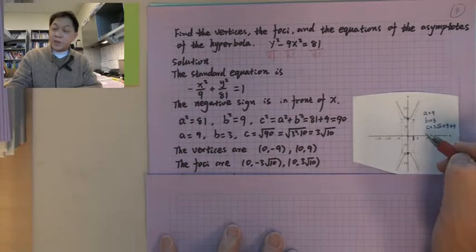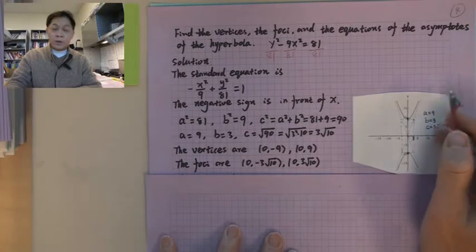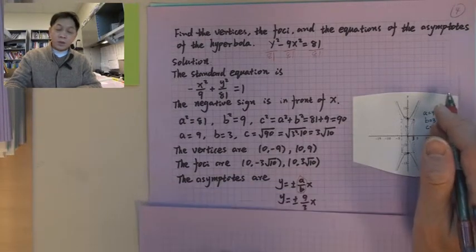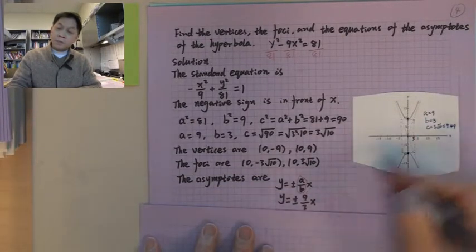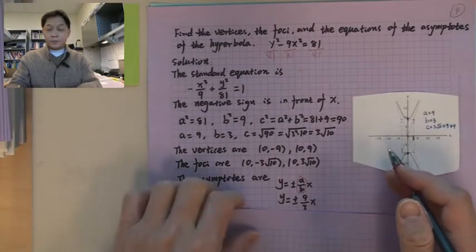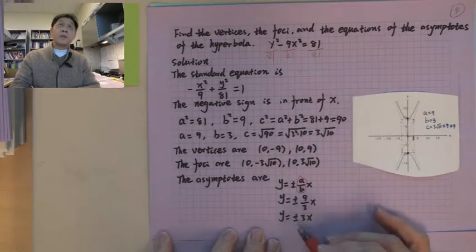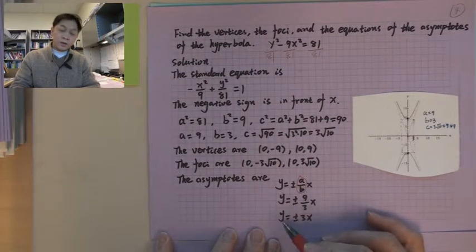That's different from previously b over a, because previously a was here, b was here. Now a goes here. So that will be a over b, that's 9 over 3. That's 3. So you then have positive or negative 3x equals y.